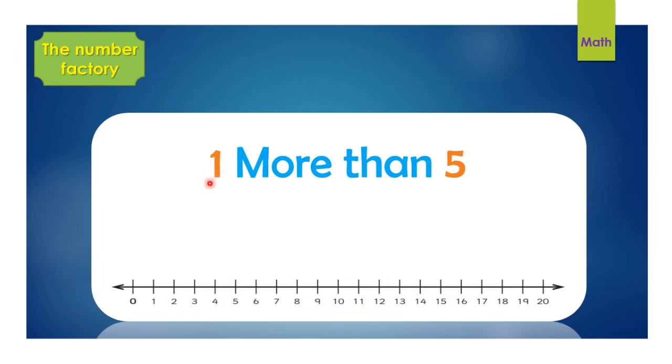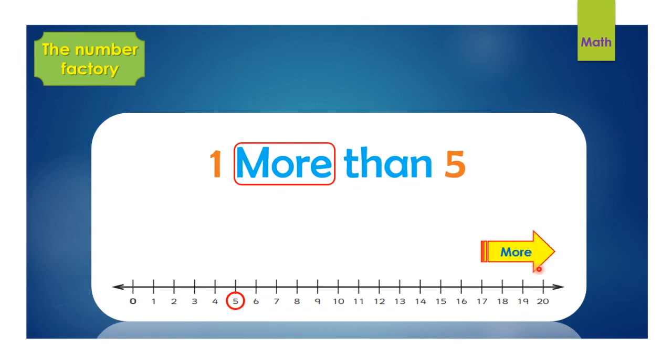What if I have 1 more than 5? Okay, how can I use the number line? He said here 1 more than 5. First, circle 5 on the number line. Then, he said here 1 more. When I say more, is it moving forward or moving backward?